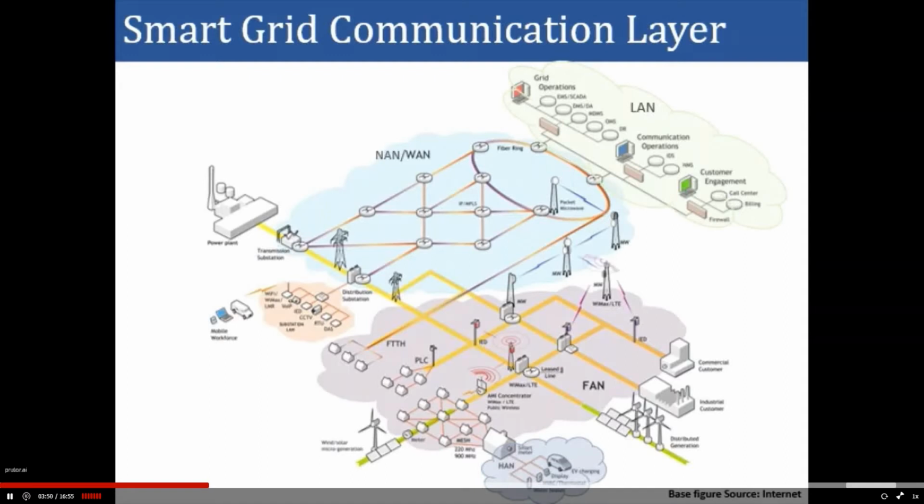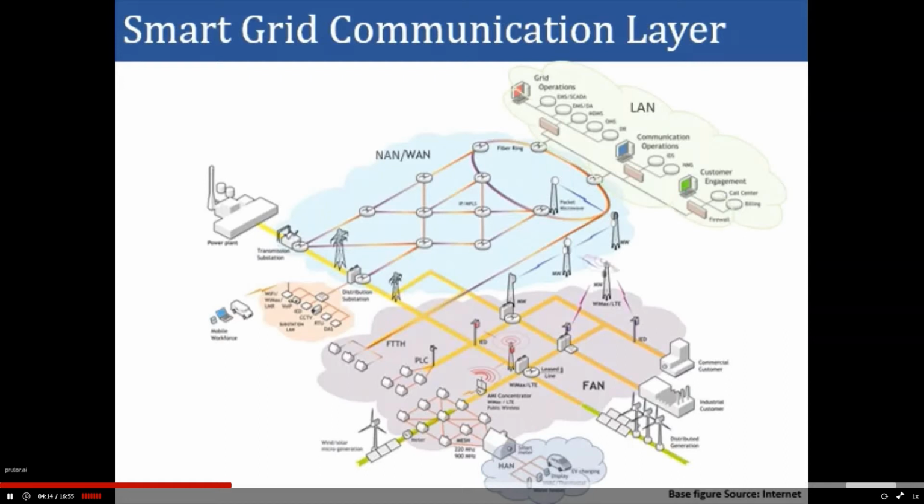One of them is the optical fiber network, which we can utilize to share the data over a long distance, or we can utilize a wireless network to share the data to the control center. One such example is MPLS, that is multi-protocol label switching.